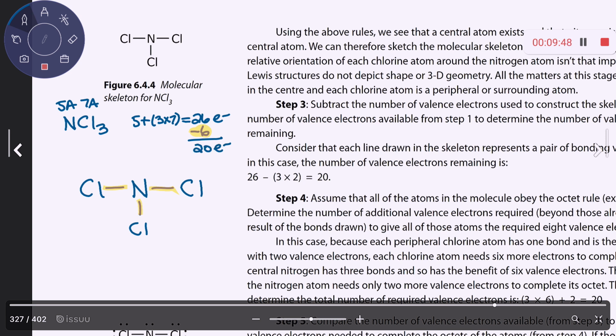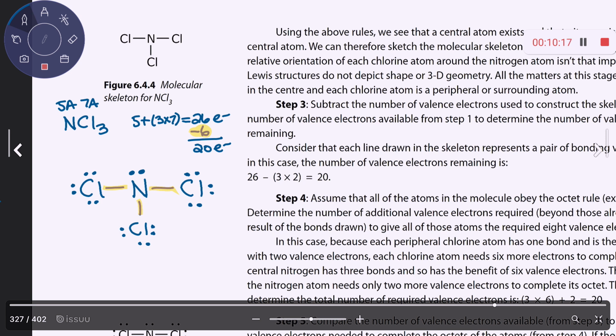I'm going to put the remaining 20 electrons in pairs on each atom. So I've got 2, 4, 6, 8, 10, 12, 14, 16, 18, and then the last pair will go on the top of nitrogen, 20. Okay, each atom is surrounded by 8 electrons, so everybody is happy.